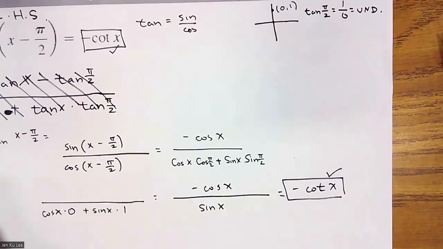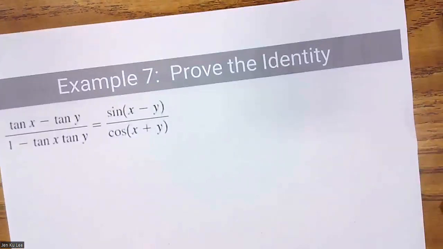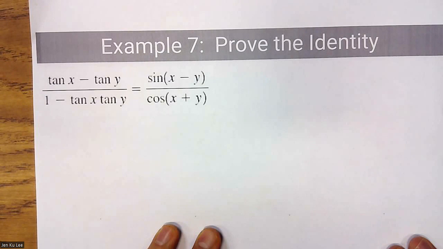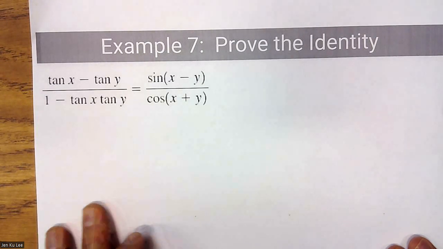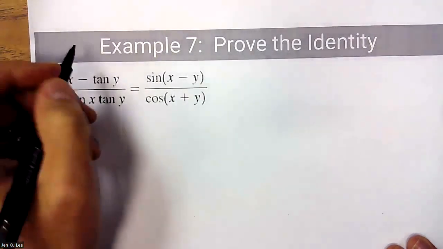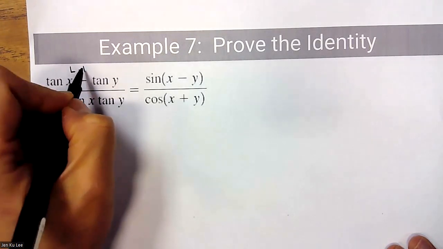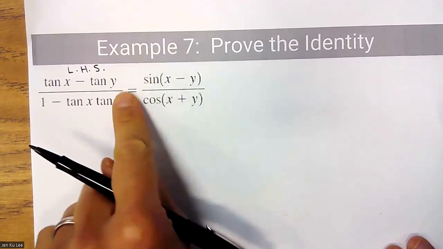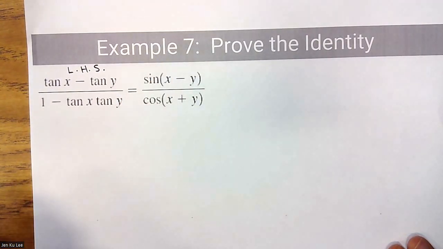So my last one here is this complicated looking one. I'm going to be working with my left-hand side again, because this looks a little bit more complicated than this. Okay?